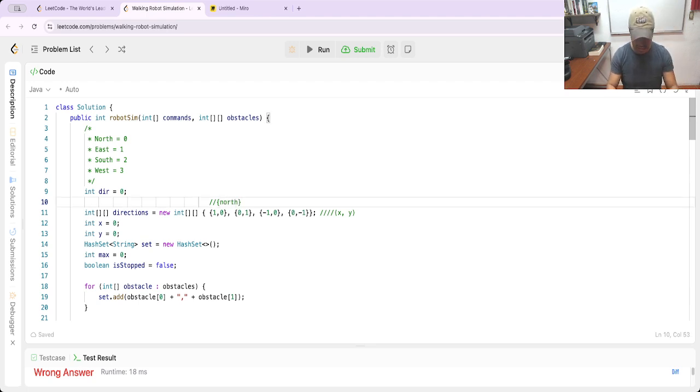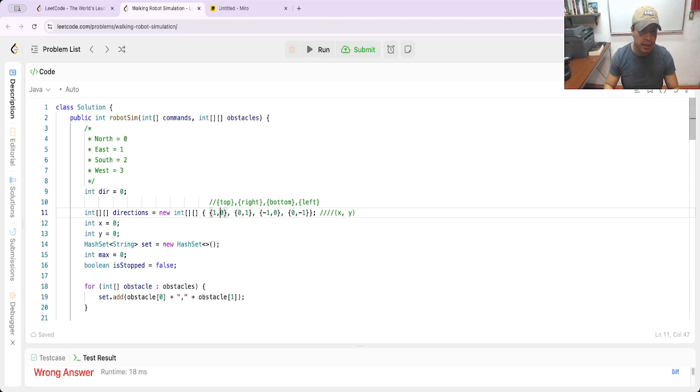Yeah. Top. Here should be right. Bottom and left. Okay. In here, y is basically north and south, and x is west and east.